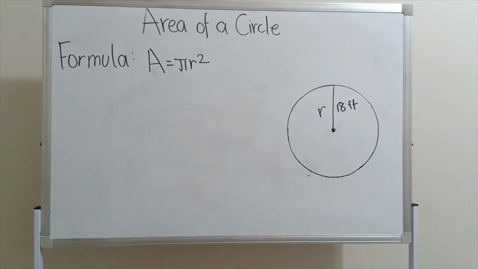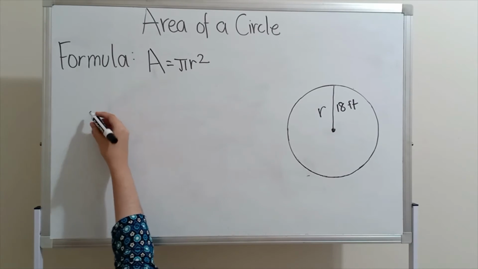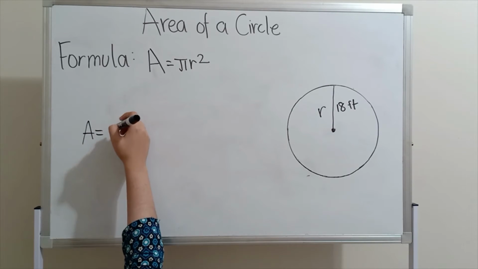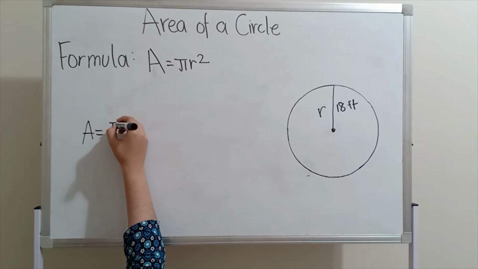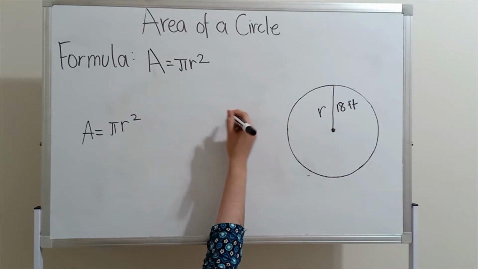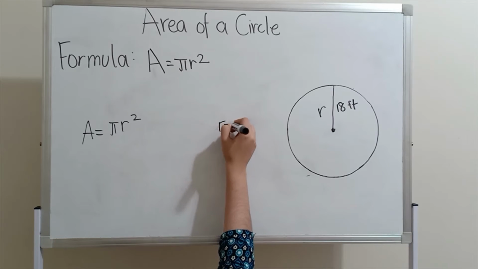So we're going to start with this circle we use as example. So now we're going to start substituting. So A equals, we have pi r squared. This r equals 18.